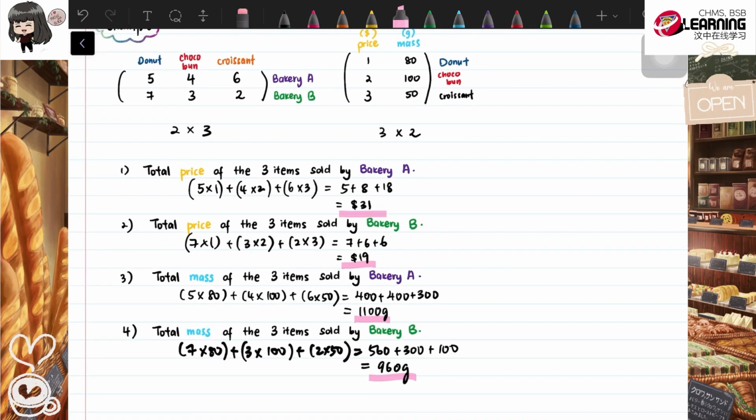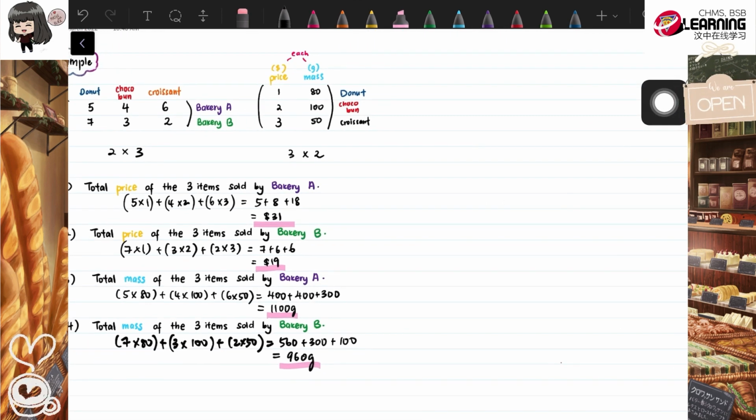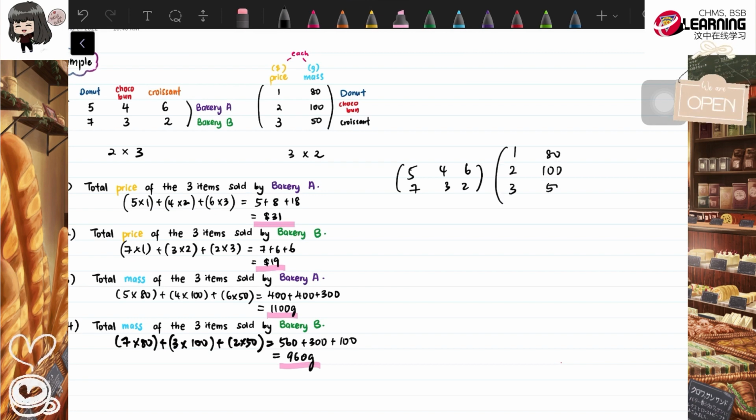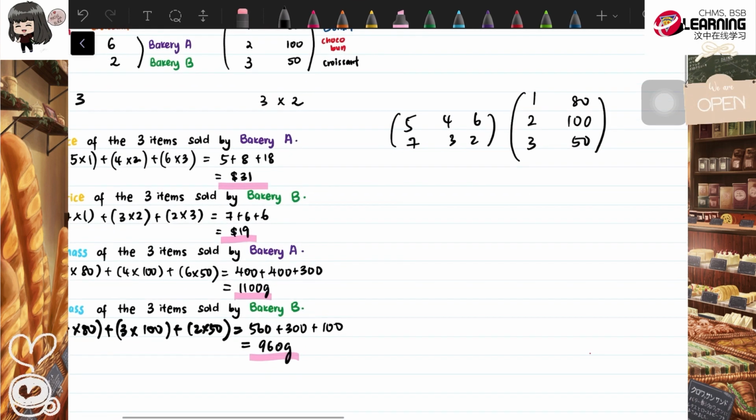So you can see if I want to answer one by one like this: total price of bakery A, total price of bakery B, total mass of bakery A, total mass of bakery B. What if we use a multiplication of matrices, in this form, whereby we use the matrix of this times the matrix of this?